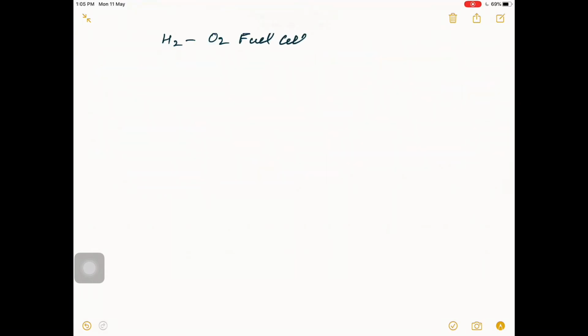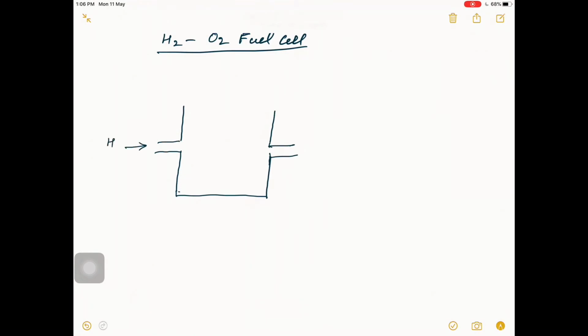Nowadays, the hydrogen oxygen fuel cell is more popular. We will discuss this. In this, a container is used. Suppose this is the container, and from one side hydrogen is passed continuously and from the other side oxygen is passed continuously.